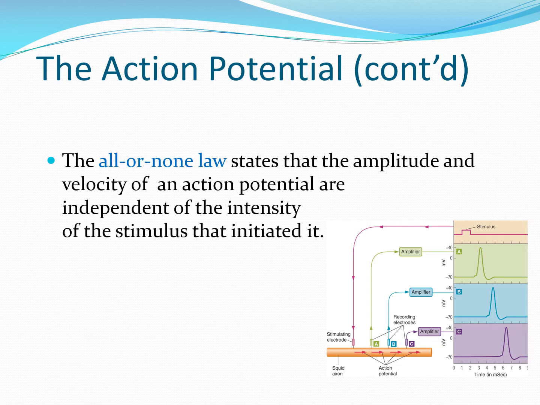It's going to travel down the axon always at the same velocity, and it's always going to go, in the examples I've been giving, from negative 70 millivolts to positive 40 millivolts. So slightly different for different cells, but for a particular cell, that action potential is always going to be the same velocity, always the same amplitude.